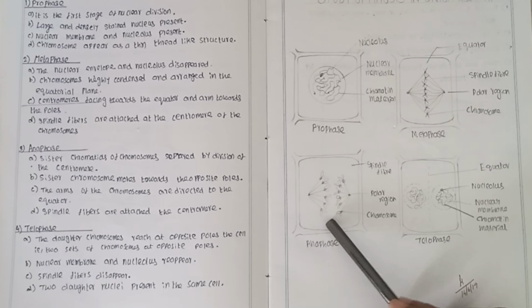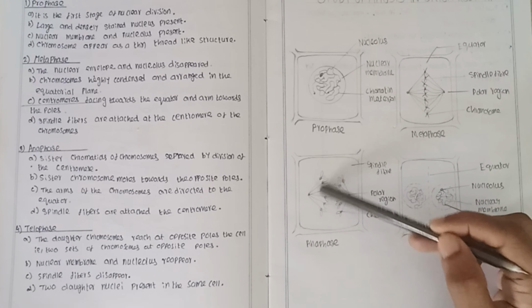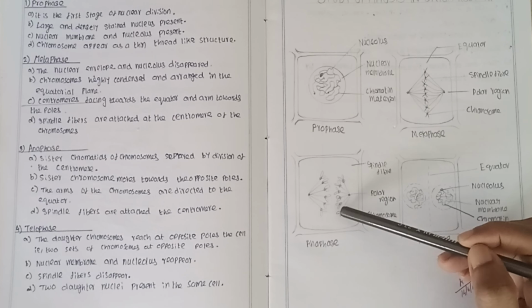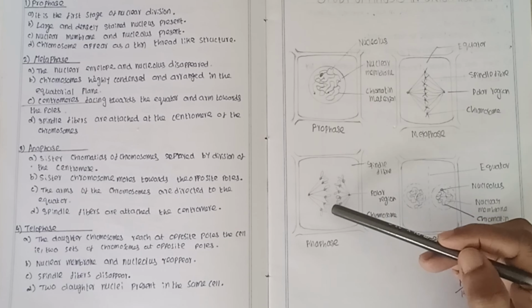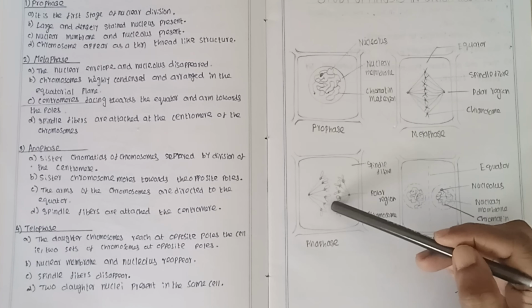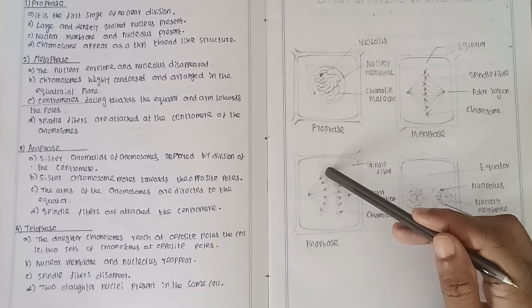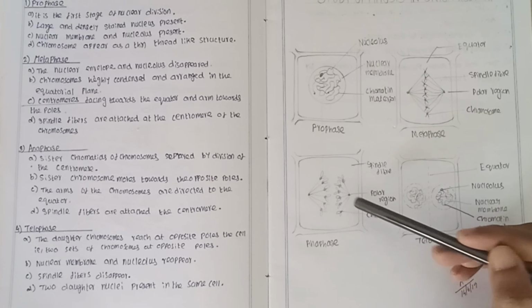In anaphase, the third phase, the centromeres of all the chromosomes divide, and then each chromatid becomes a chromosome.